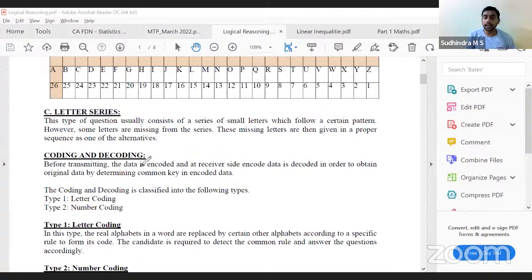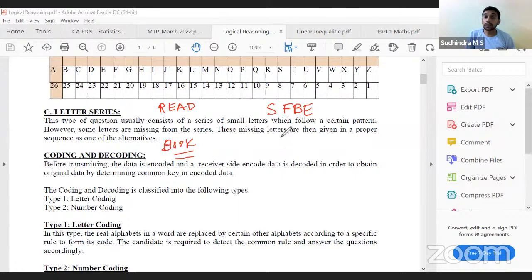In coding and decoding, what happens is, they would have coded the word read as S, F, B and E. Now they will ask us to code the word book. So we have to identify how they have coded.